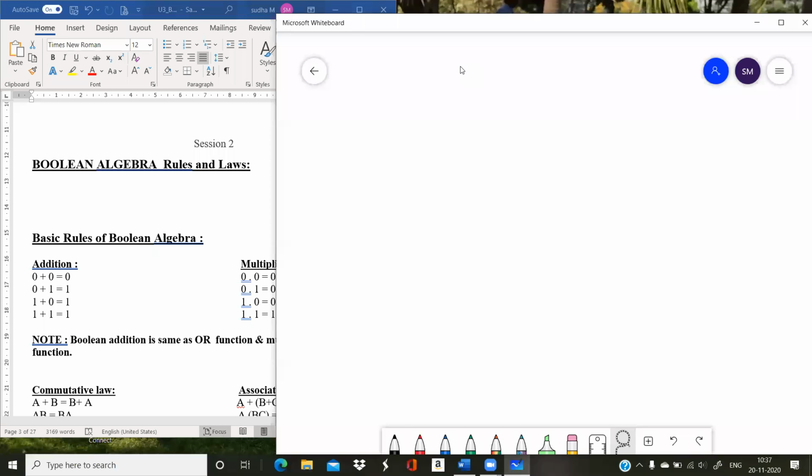In general algebra, we have addition, subtraction, multiplication, etc. Similarly, in Boolean algebra also we have addition, subtraction, and some laws, just like commutative law, associative law, distributive law.